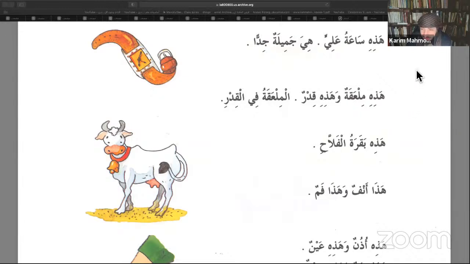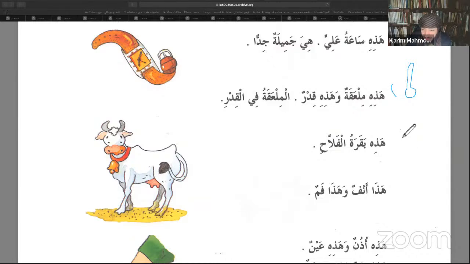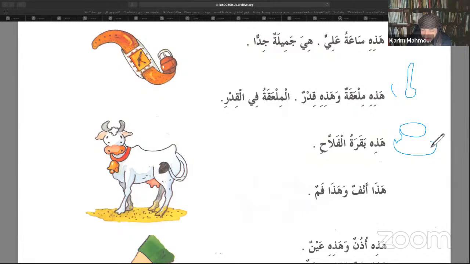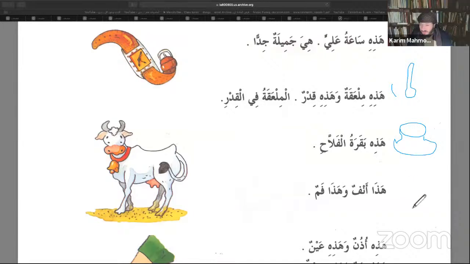Okay, let's take a look at this word mil'aqa. What does mil'aqa mean? Let's see if you can tell what mil'aqa is. Whistle. Okay, what about qidr? Let's do qidr over here. Okay, I'm failing at drawing it today.